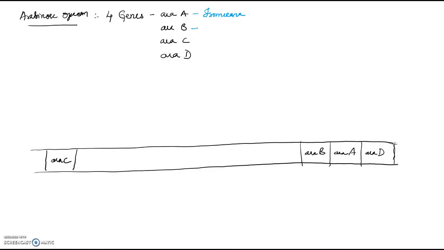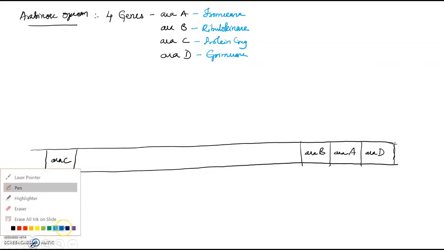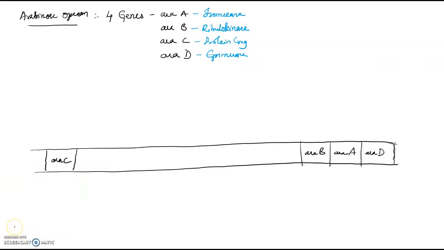ARA-B codes for an enzyme ribulokinase. ARA-C codes for the regulatory protein C. And ARA-D codes for an epimerase. Of these four, three enzymes are required for our arabinose pathway.